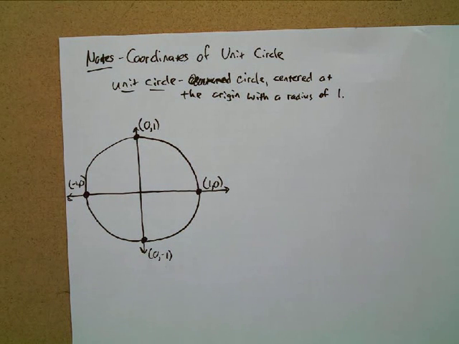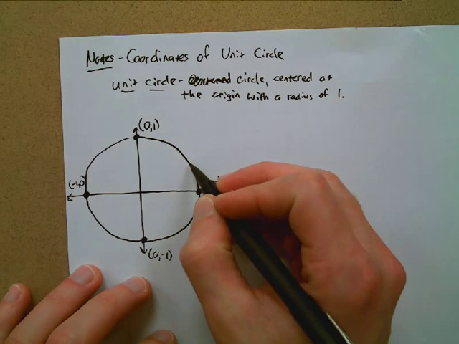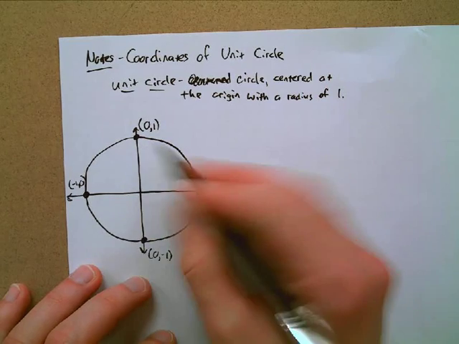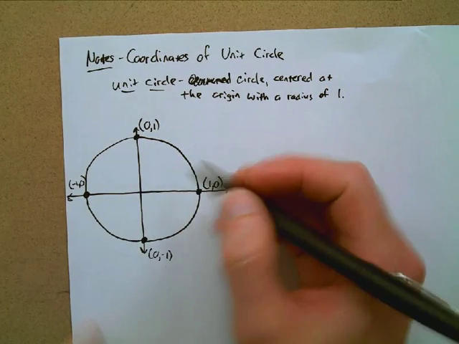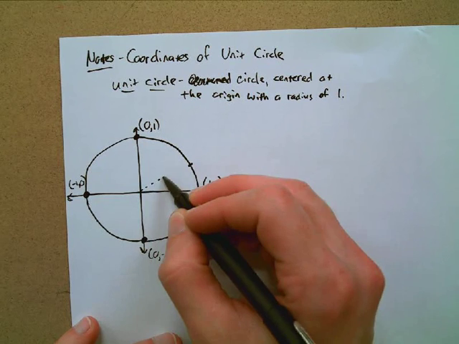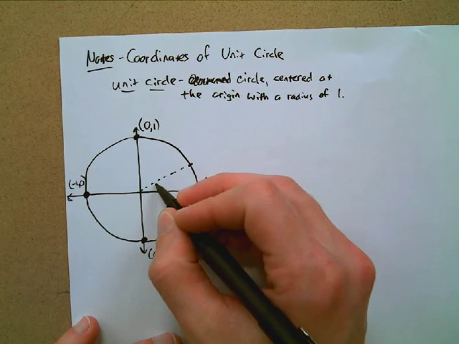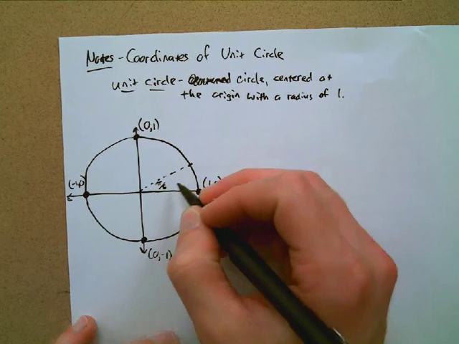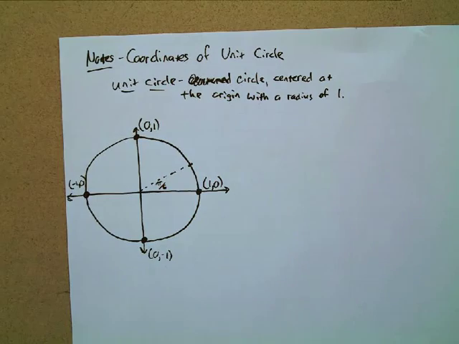But then, of course, there are those other points. And Zoe already mentioned the one here. So the first point that's not on the axes that we get to is this one right here. And that's from the pi over 6 angle, or the 30 degree angle. We want to try and find the coordinates of this point.